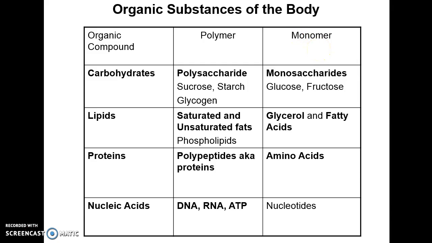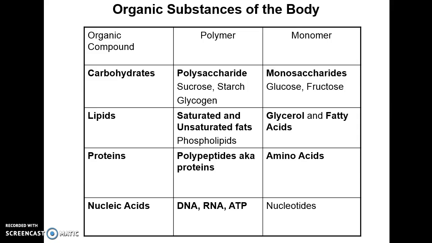There's not quite as much a monomer for lipids. We say that they're glycerol and fatty acids, but that's only sort of true, and you'll see why in a minute. And then we've also got saturated versus unsaturated fats, which is kind of true and kind of not, which you'll see in a minute.